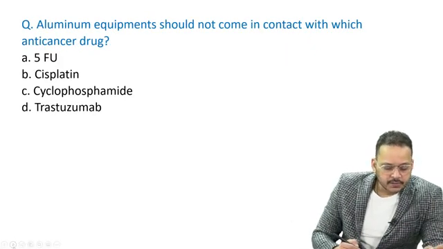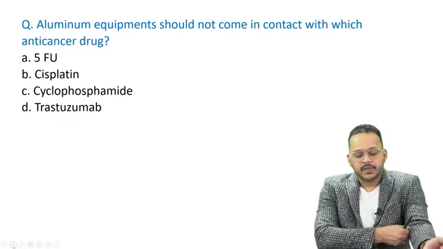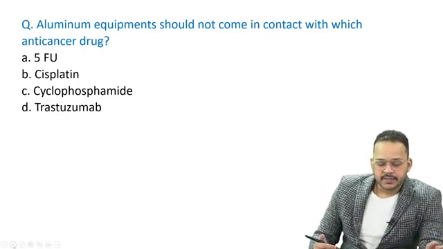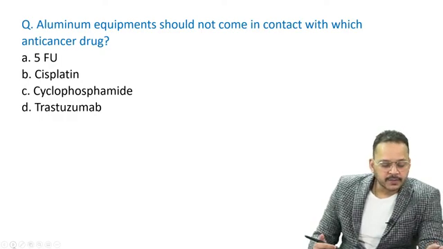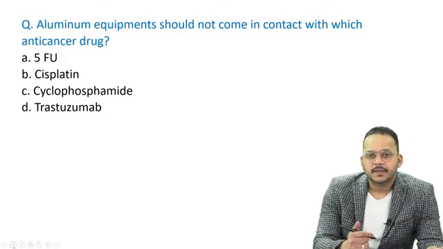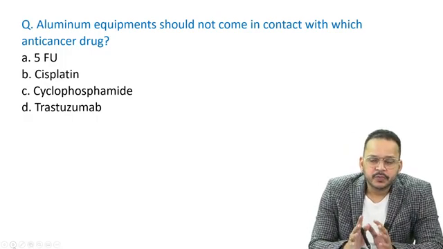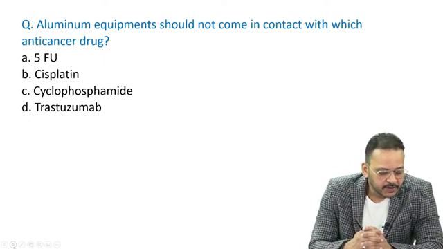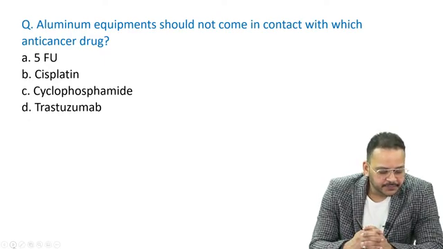All right, guys, next question. Aluminum equipment should not come in contact with which anti-cancer drug? 5-fluorouracil, cisplatin, cyclophosphamide, trastuzumab. All right, guys, we have many pieces of aluminum equipment which can be used in a hospital, and it should not come in contact with this drug.